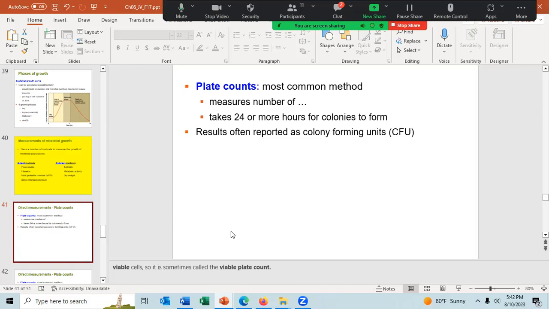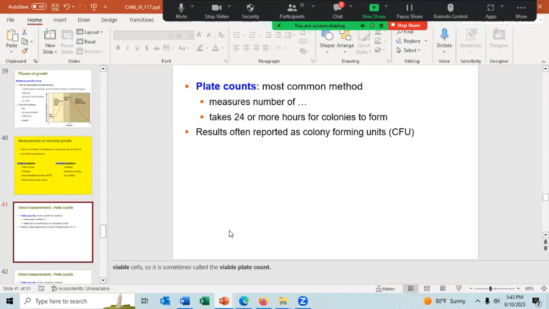A non-viable cell will not grow into a colony. Because we do not get the exact cell number, because a colony can be formed by more than one cell, we often report the results as colony forming units per mil rather than cells per mil. Is that clear?